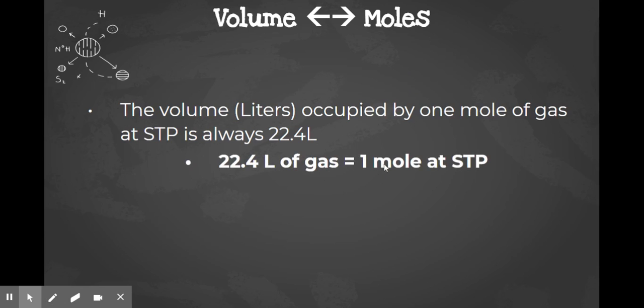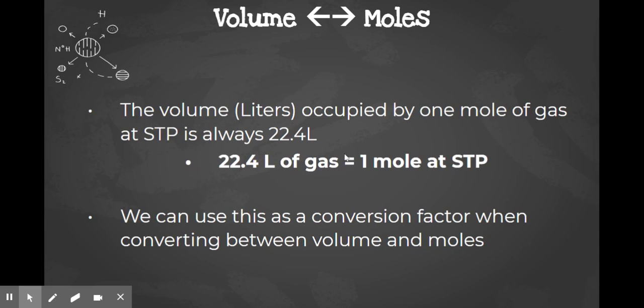So that makes this our conversion factor. 22.4 liters equals 1 mole. So now I can convert between the two, just like we did with grams on Thursday, and just like we did with particles a minute ago.